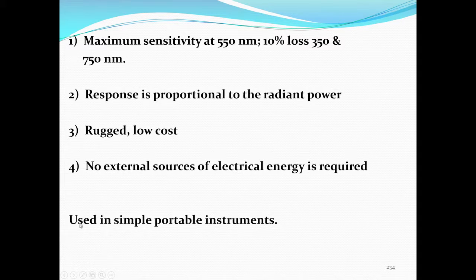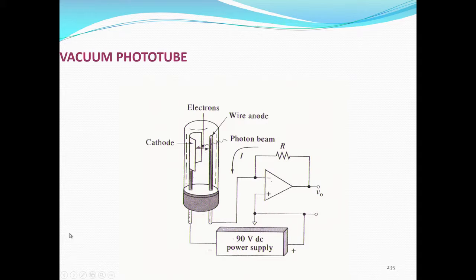So, the next improvement came in the form of the vacuum phototube. This is a slightly advanced version where the electromagnetic radiation is made to fall on the cathode, and this is the wire anode, this is the cathode.